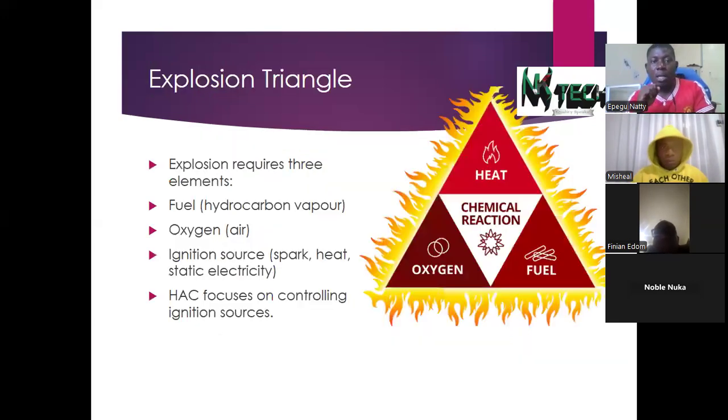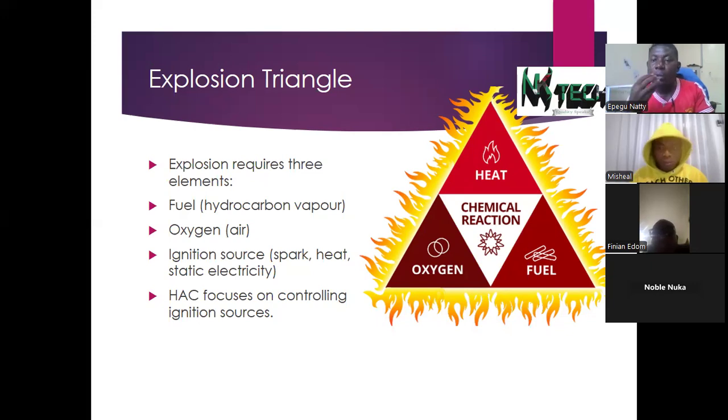Let's move forward. Now, before an explosion can occur, it means there is what we call fire. And for fire to occur, there is this thing we always know, the triangle of fire.